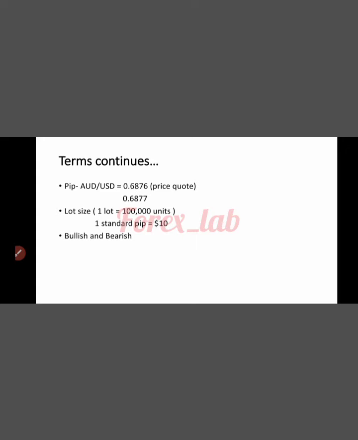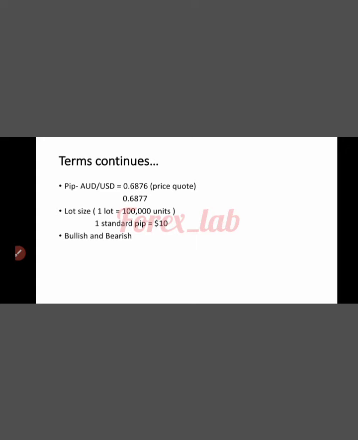And also, one standard pip is worth $10. This means a 10 pip incremental movement in the market, in a buy position, a buy trade, will represent $100 gain.